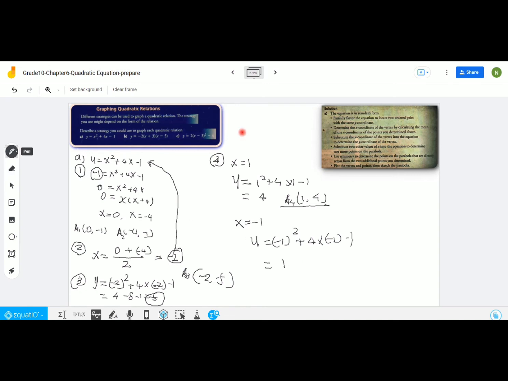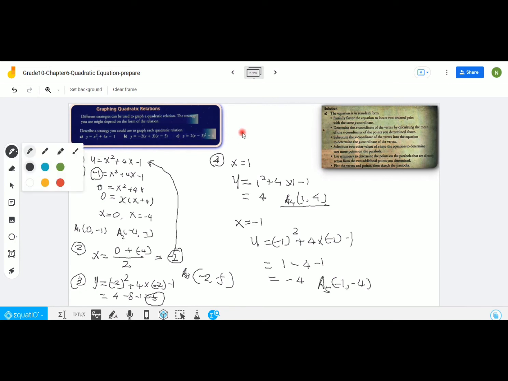Okay, and we select this black one. So minus 4 minus 1, so it should be negative 4. So another point is negative 1, negative 4 as an ordered pair. We call this A5.